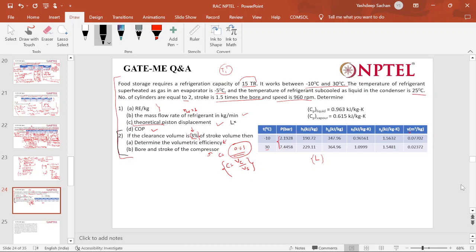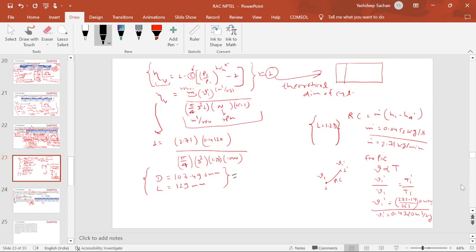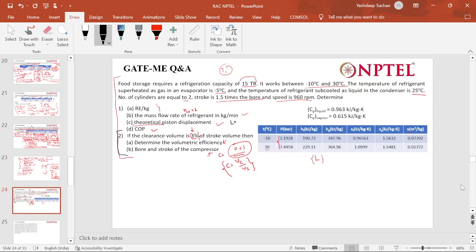Should I do this problem or will you try, because it's the same problem as what we did here. We will try, sir. Your doubt is what the theoretical displacement is, right?